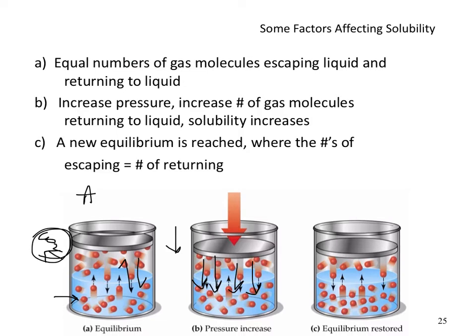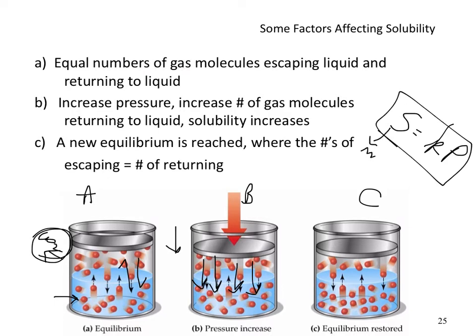And this will continue to happen until a new equilibrium is set up, such as the one shown in C. So for this to occur, again, we can say that solubility is a function of the partial pressure of that particular gas, and so S is equal to K P, where S is in moles per liter and the pressure is in atm. So one can say that the units of K are going to be moles per liter per atmosphere.